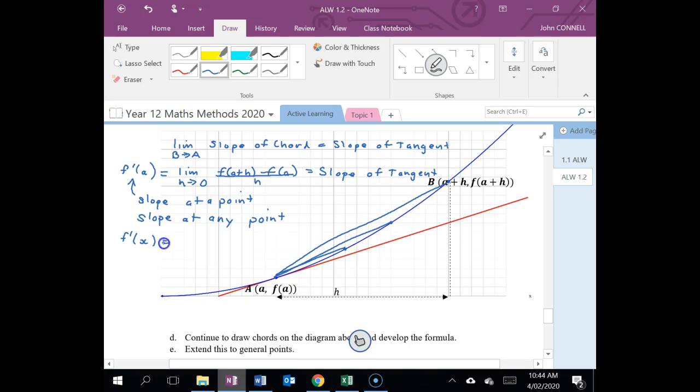So f dash of x will be the limit as h goes to 0 of f of x plus h, take f of x, all over h. And so what will happen is we'll get an expression in terms of x here, and that will be what we call our derivative function. So the expression in terms of x is my derivative function. This gives it to me at a general point.